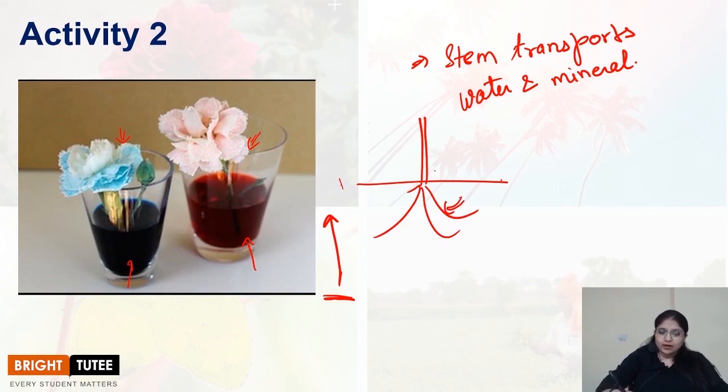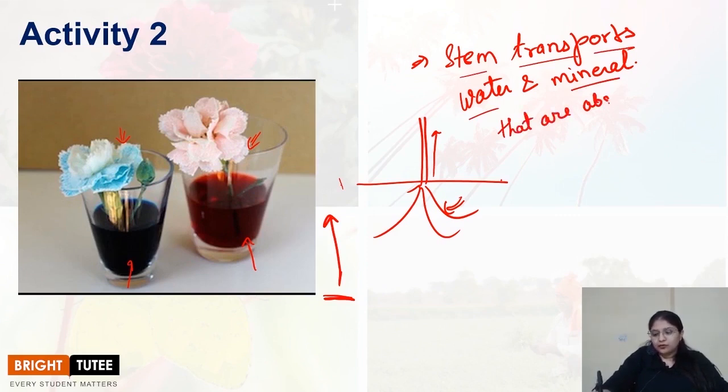And in this way, the water is taken up by the stem, it is transported by the stem and it goes to all the parts of the plant, right? So in this way, stem helps in transportation of water and minerals that are absorbed by the roots, right?